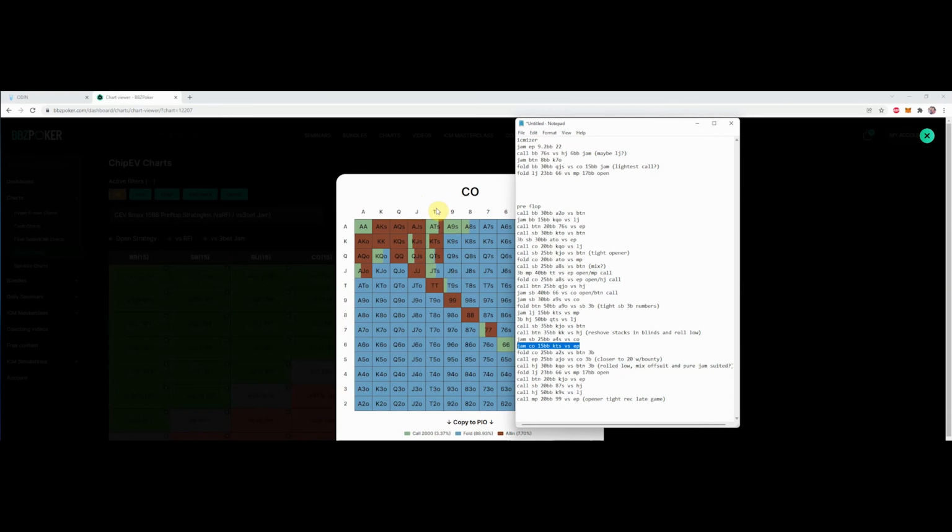That means they're going to have a lot of trash here, and then we definitely make a lot more money by just jamming it with ace-10 suited, because this hand is going to be much stronger versus a wider early position opening range than a standard one. So these are just little assumptions that you want to be making when you're checking out the chart, or at least what I've been doing, and I think it has been working pretty well for me.